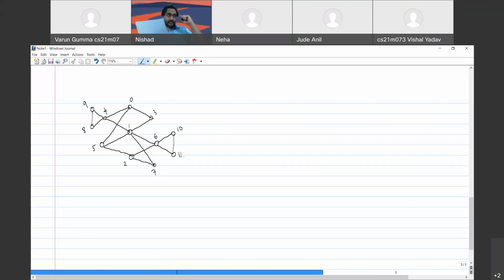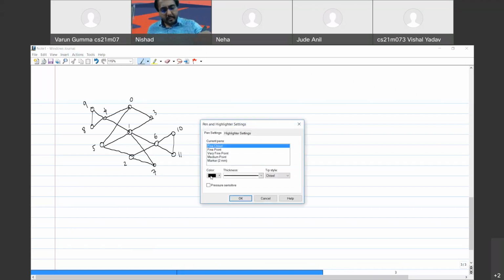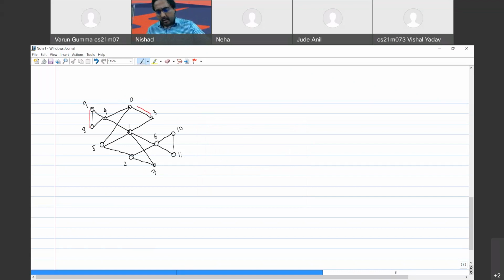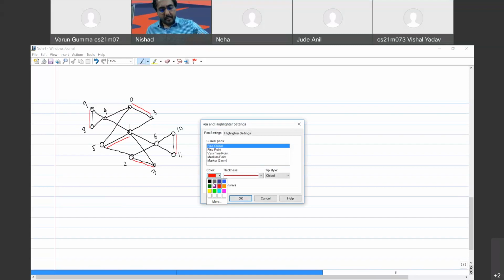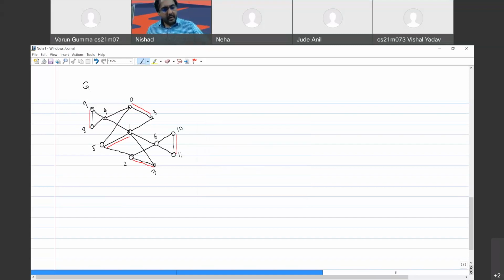So we've got 12 vertices. Let's start with a particular matching: 8-9, 0-3, 1-5, 2-7, and 10-11. So that's our graph G, and we have our matching M in the red color.